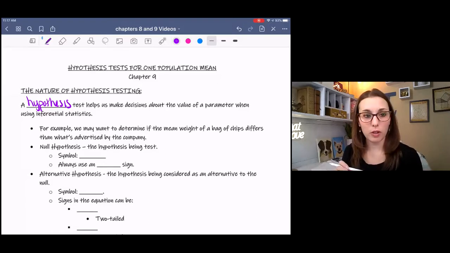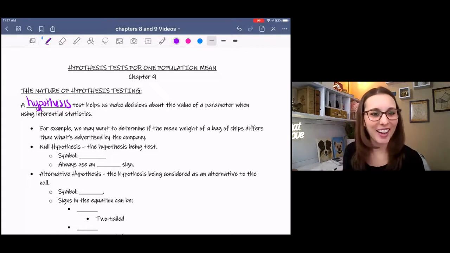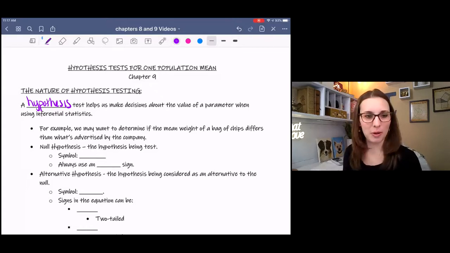And if, based on the decision of your hypothesis test, you found that the mean weight of the bag of chips was lower than what the company's advertising, then you could talk to the company and say, hey, you're not giving us what we paid for. Okay, anyway, I went deep down the rabbit hole on that one.